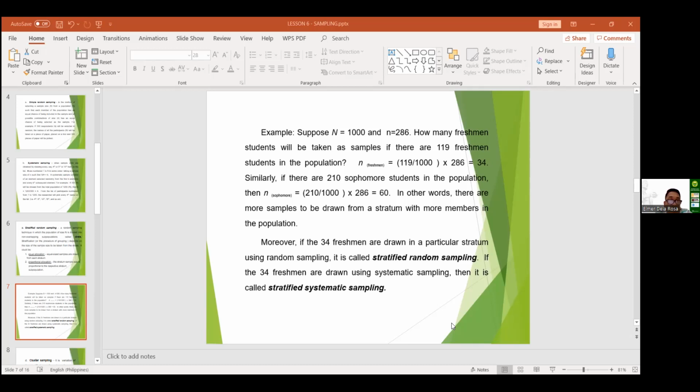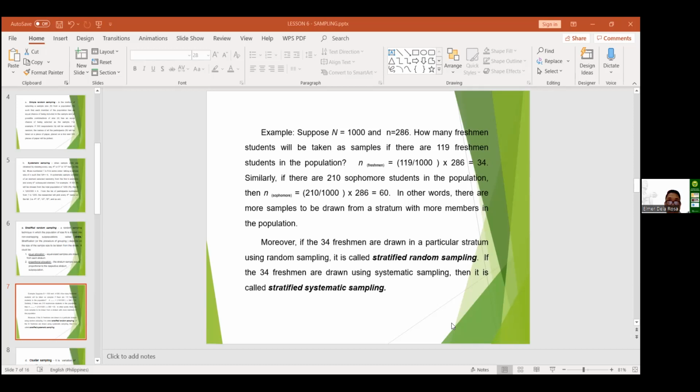Okay, naintindihan ba yun? Pag equal allocation, you simply divide sample size by the desired number of subgroups, which are your consideration. Ngayon, pagka naman ito ay hindi equal, kundi proportional allocation, i-consider mo yung dami ng subgroups.